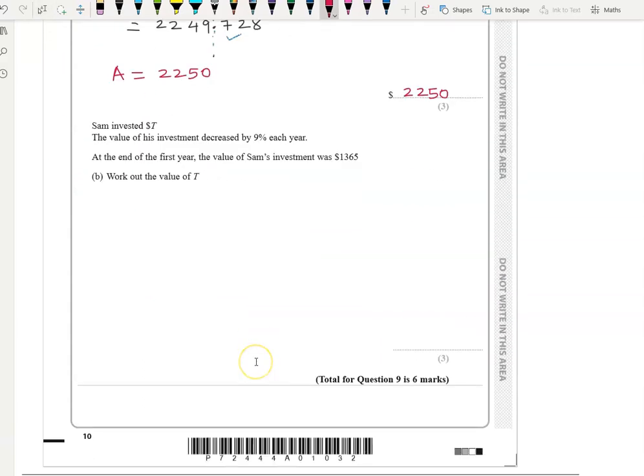Okay. Sam invested $T. The value of his investment decreased by 9% each year. At the end of the first year, the value of Sam's investment was $1365. When it is decreasing by 9%, it means initially it was 100%. It decreased by 9, so it became 91%.